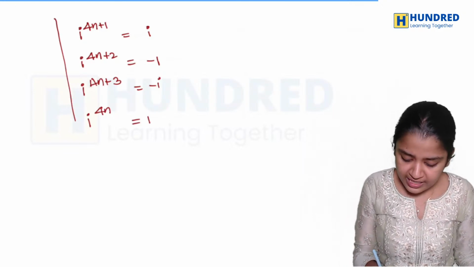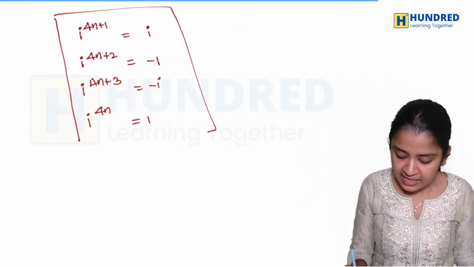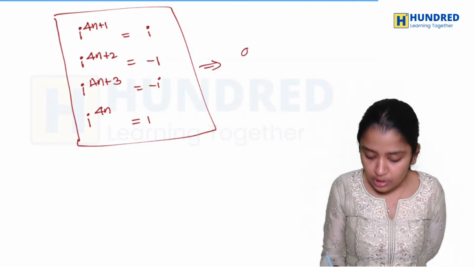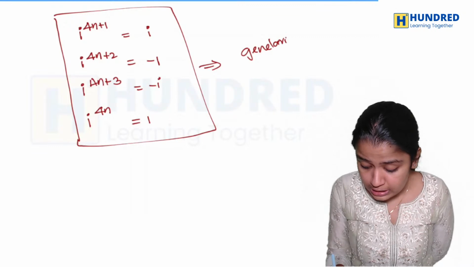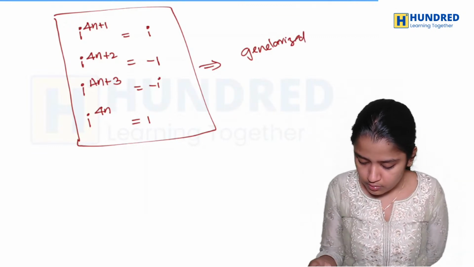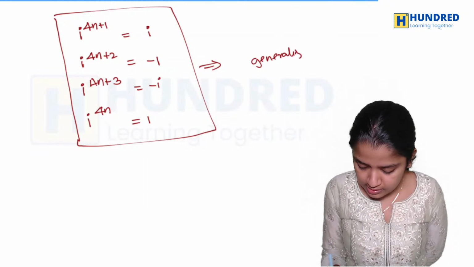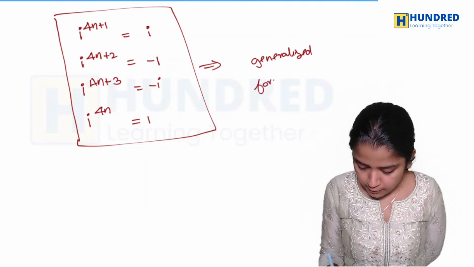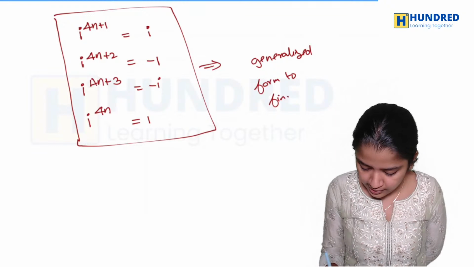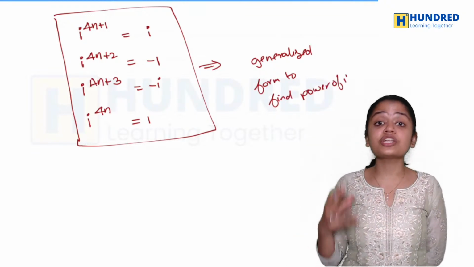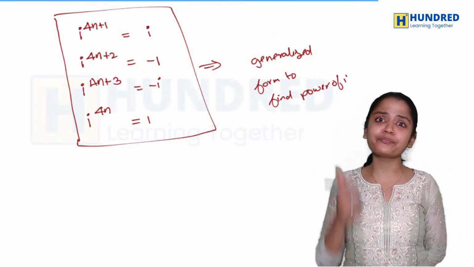So this is your generalized form to find the power of i.